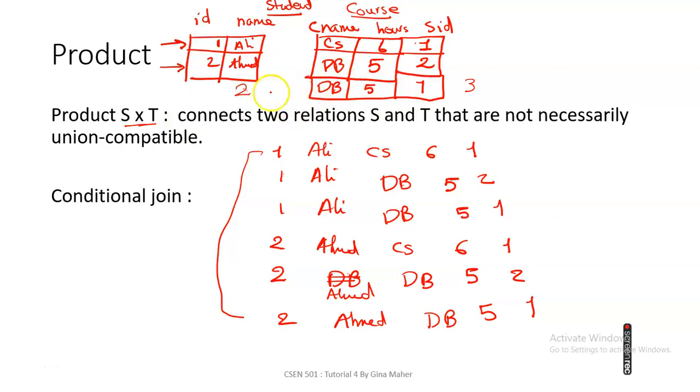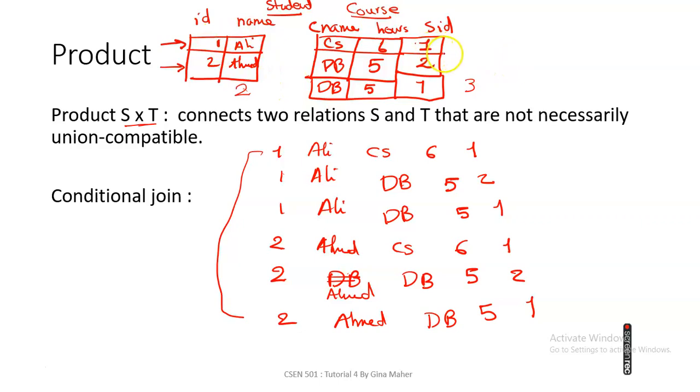Okay, now we made a product between these two relations. And now we want to get from this relation the tuple of each student, where each student is enrolled to a certain course. The connection between the two tables is the ID here and the SID.